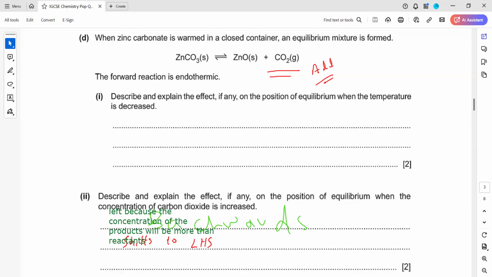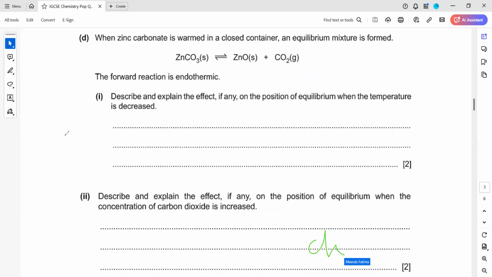Another example, this is not the question. If there was a question that we are increasing the pressure, where will the equilibrium shift? It will shift towards the side of fewer moles.